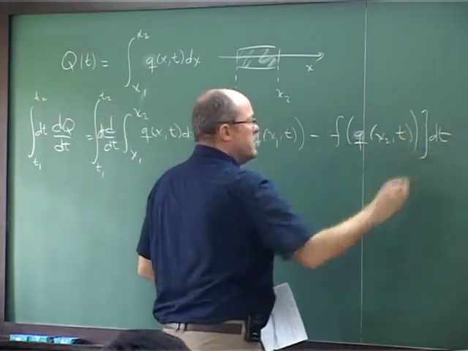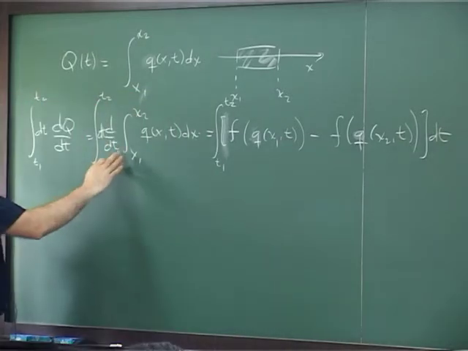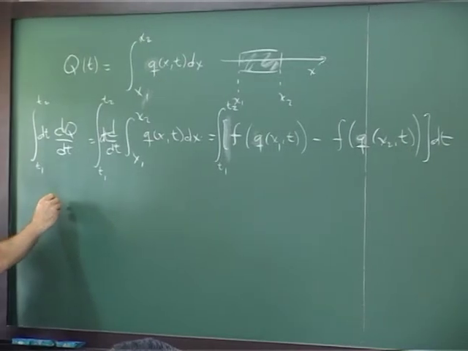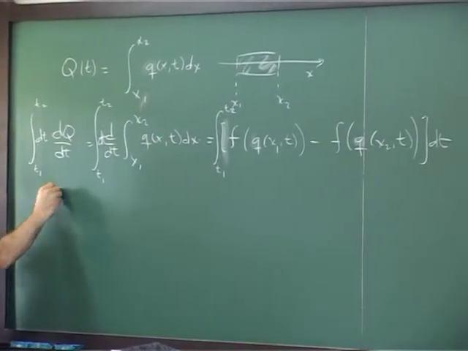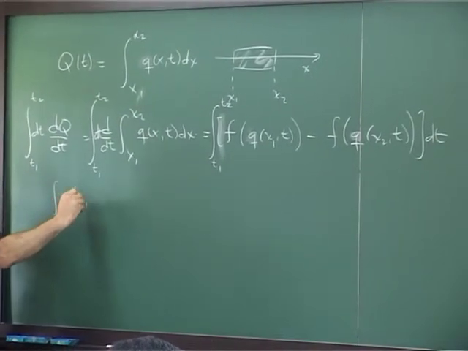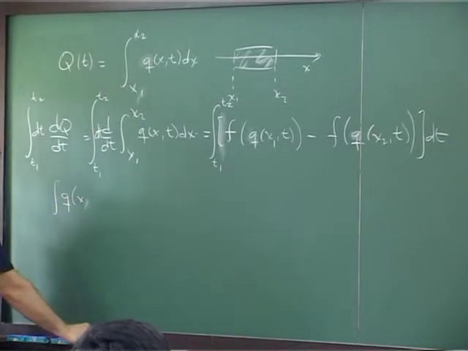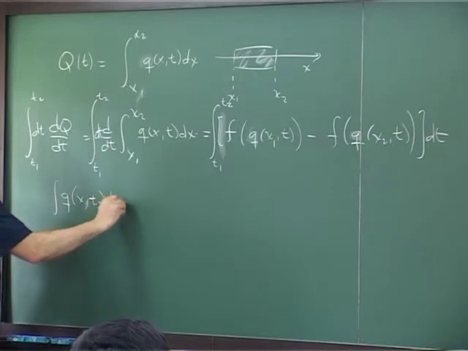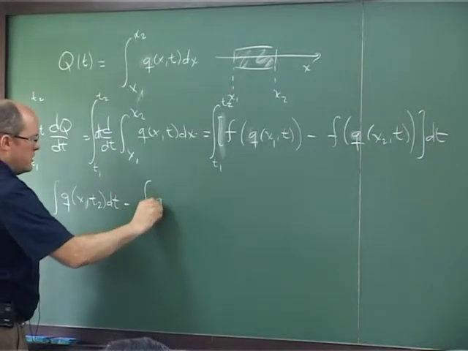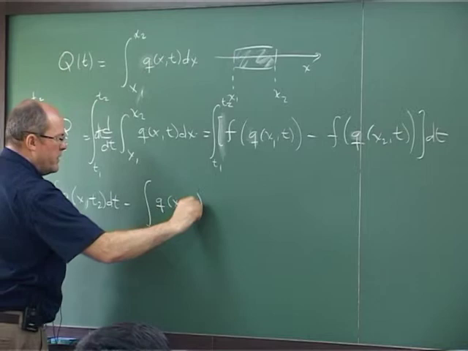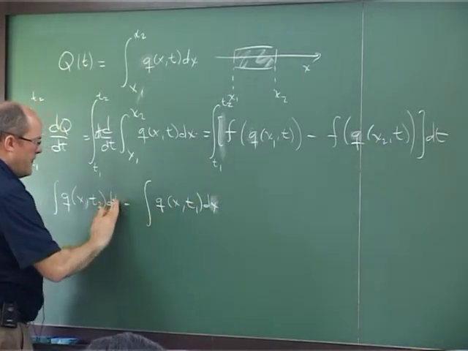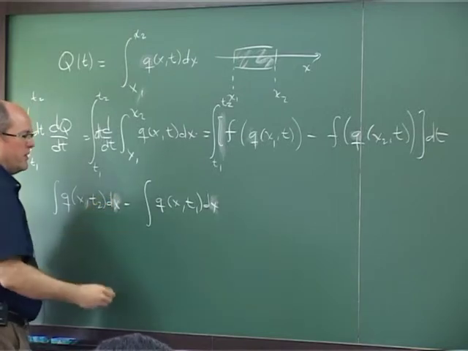And if I integrate that in time, because I have a total time differential here, this would simply be q(x, t2) minus q(x, t1), thinking always ahead here.